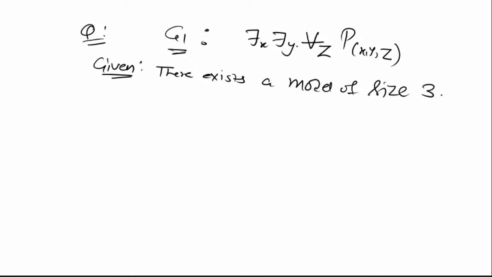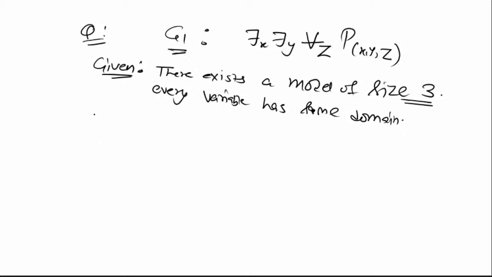So it is given that there exists a model of size 3. Size means universe. And let me also give you that every variable has the same domain. So this is the information that is given to you.